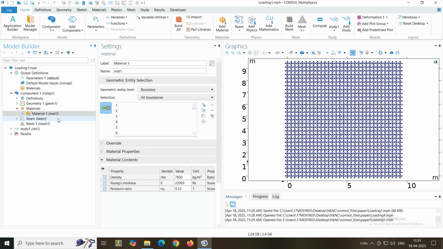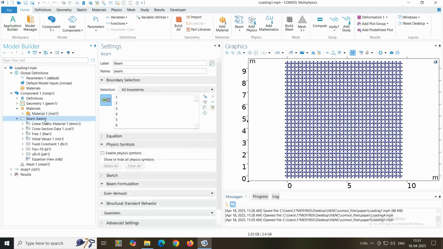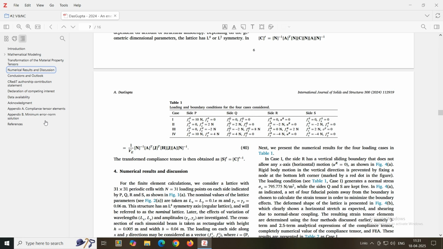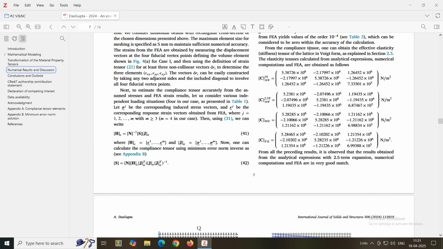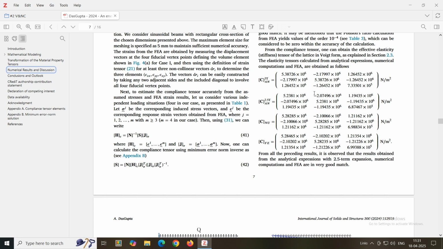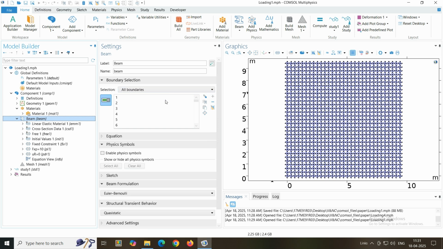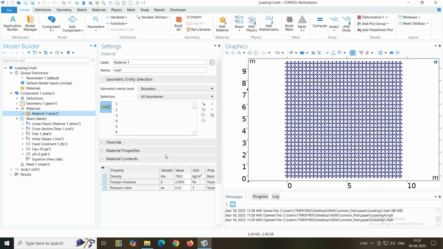For the first case, and by the way, to obtain this particular matrix, the lattice material must be known. Although the author has missed that detail in this paper, the material that he had used is steel with these properties.